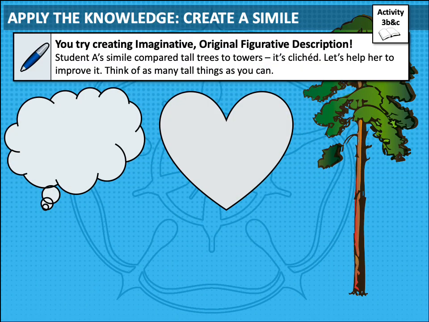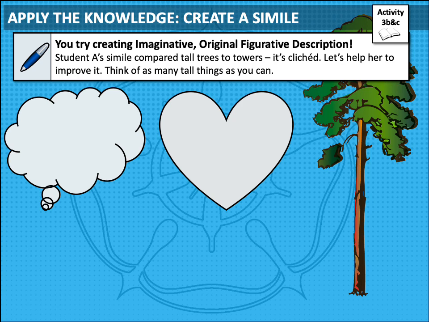Now it's time to apply the knowledge. Pick up your writing pen and you're going to do some of that hard thinking that all writers have to do to write high quality, imaginative similes. Student A, whose work we were helping to improve earlier on this lesson, compared tall trees to towers.